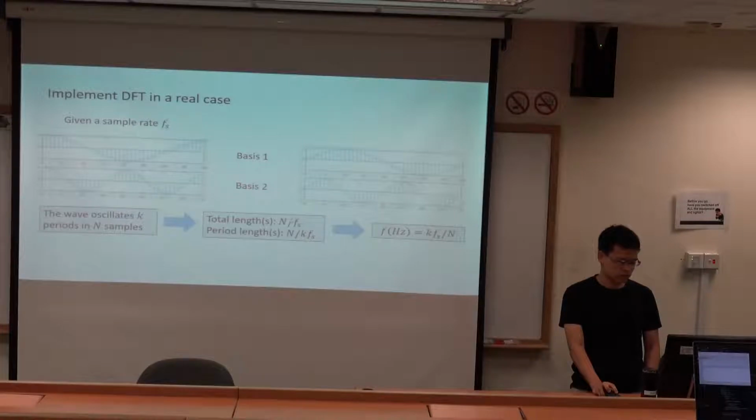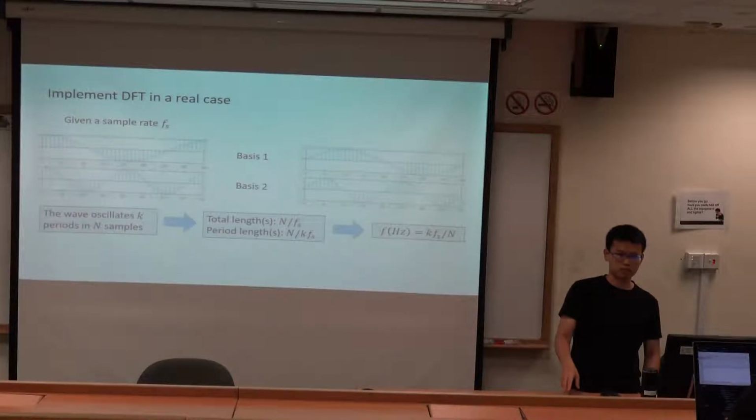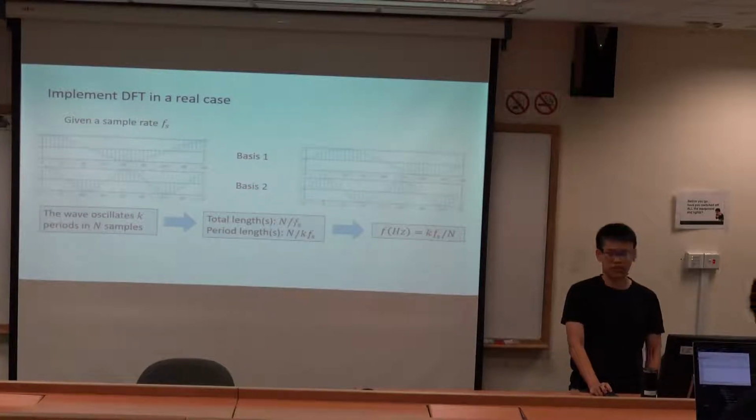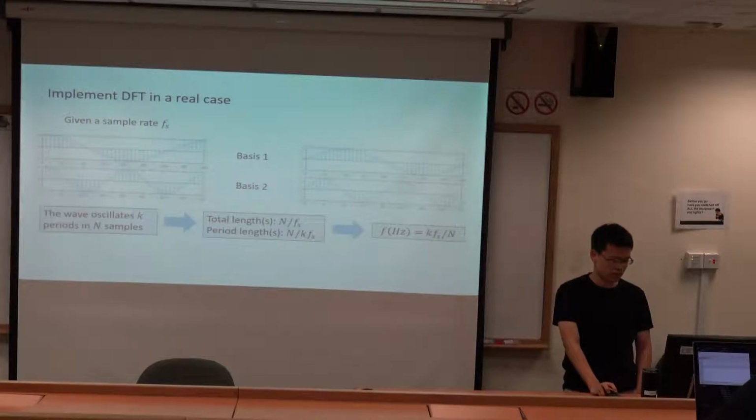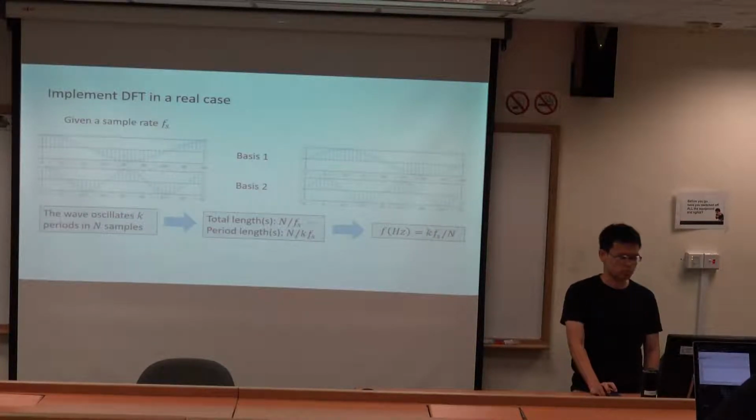It's n divided by the sample rate, right? If the sample rate is 100 hertz, that means one sample is 10 milliseconds, and if you have capital N samples, then the total length will be this.